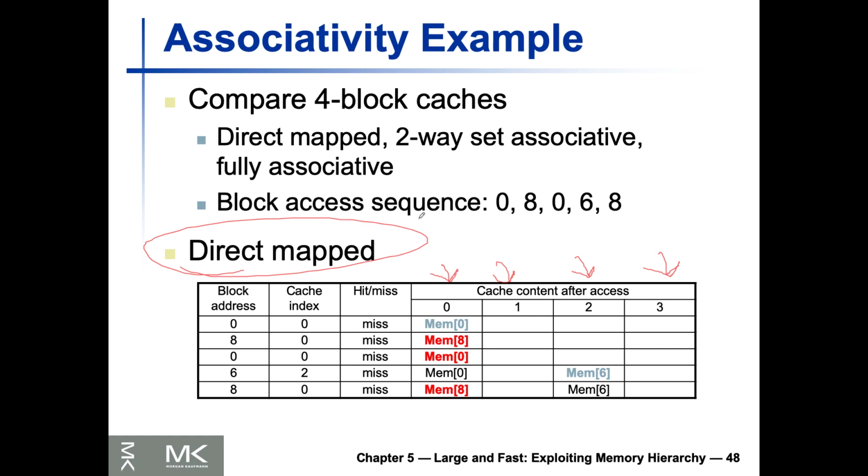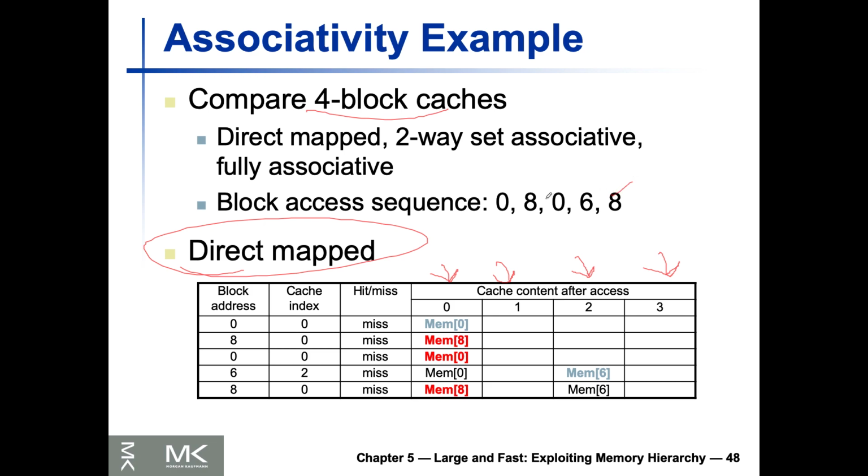Instead of the tag, you're given a block access sequence, a simplified version of the tag. So you take this mod your number of blocks in cache. We had 4, so this mod 4 was 0, this one was 0 again, this one 0, and this one was 2. This is still 0.